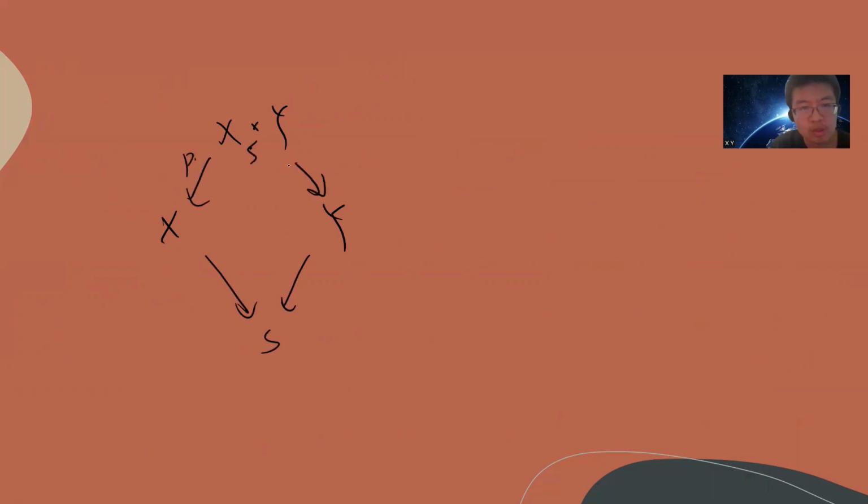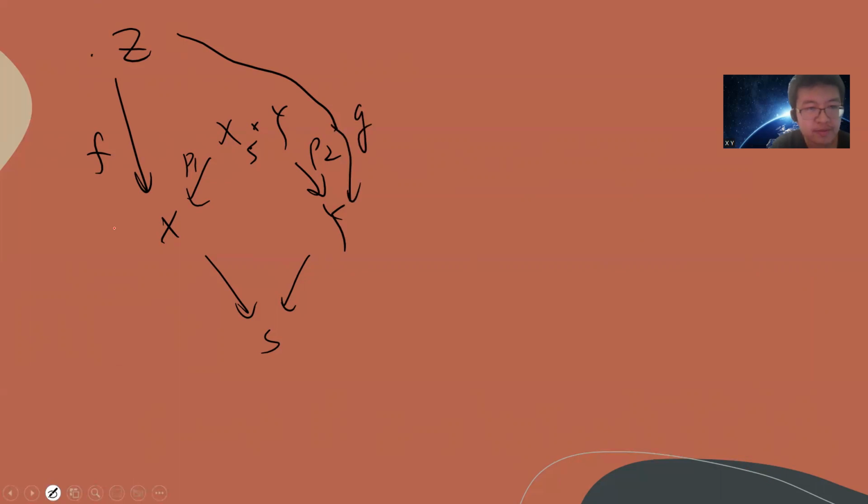These are P1, these are P2, such that for every Z, if you have Z to X, call it f, Z to Y, call it g, there's a unique map theta, an S-morphism from Z to the fiber product, such that all these diagrams commute.